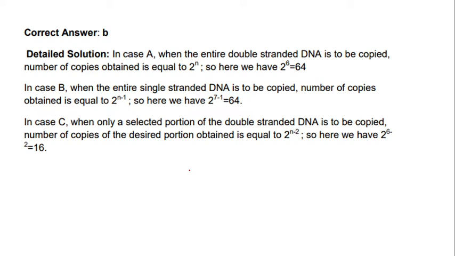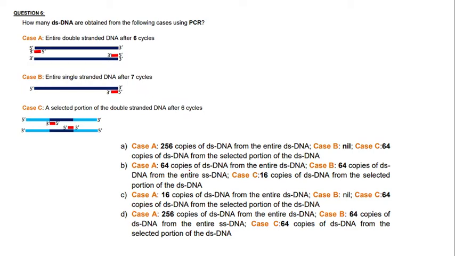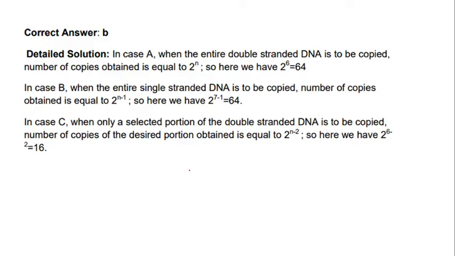So in case B, when the entire single strand DNA is to be copied, it is asking entire single strand DNA after 7 cycles. So number of copies obtained is equal to 2 to the power n minus 1. N is a number of cycles. So 2 to the power n minus 1 means 2 to the power 7 minus 1.